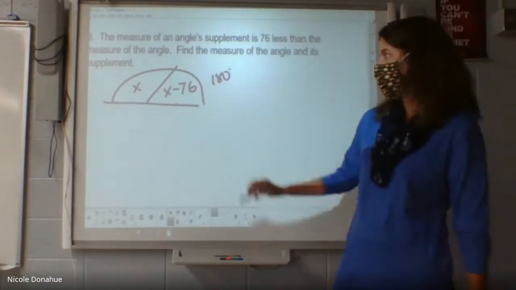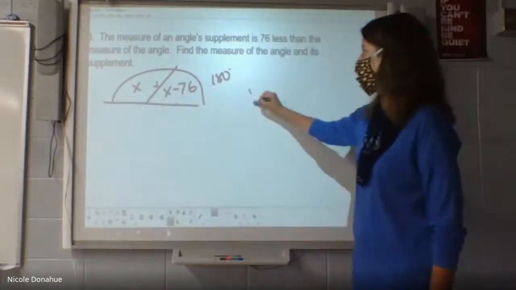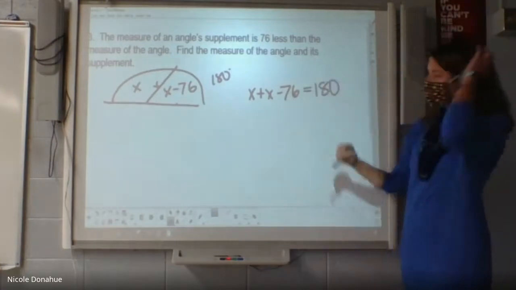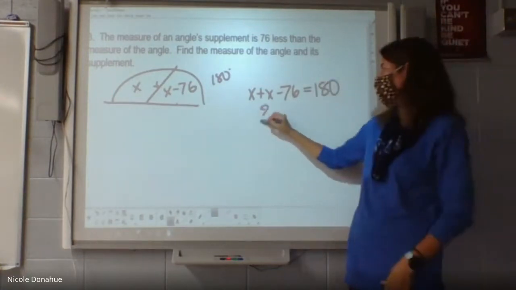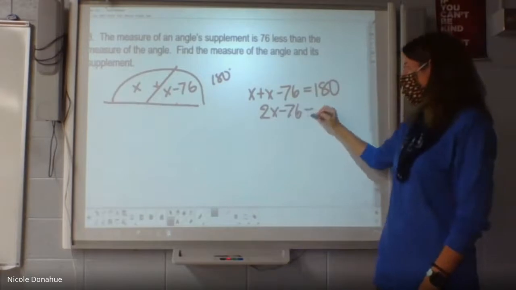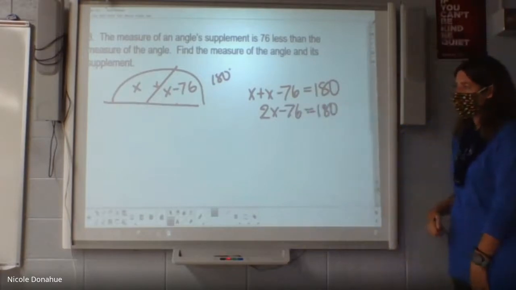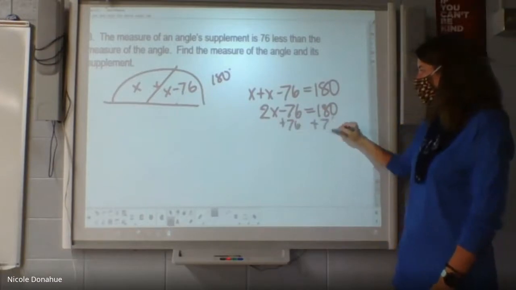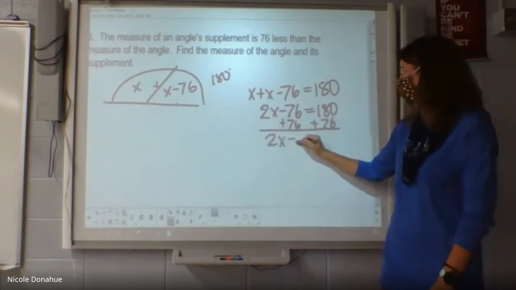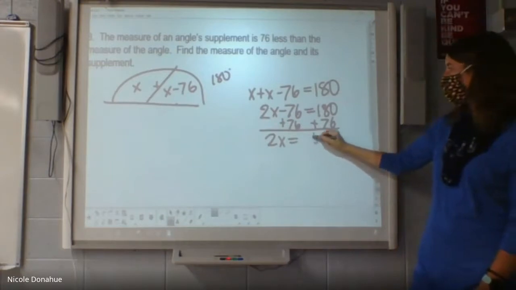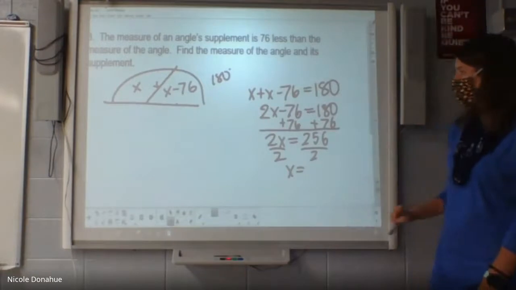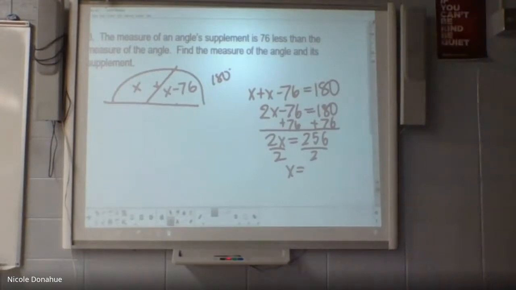All right, so hopefully you realize that together they should add to 180. So x plus x minus 76 equals 180. x and x is 2x minus 76 equals 180. Move that 76 over, because we already had less, so we had to move that over.